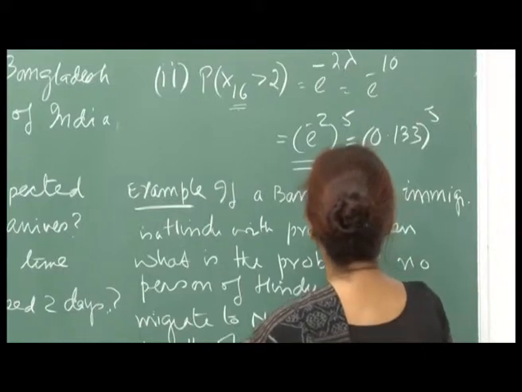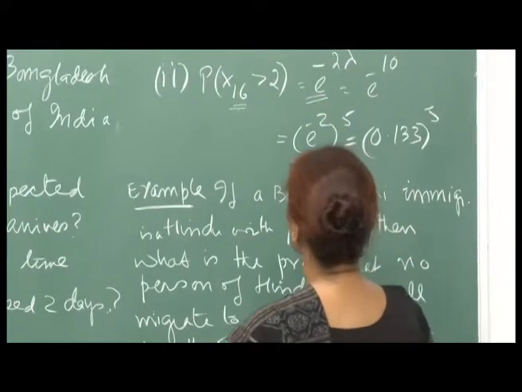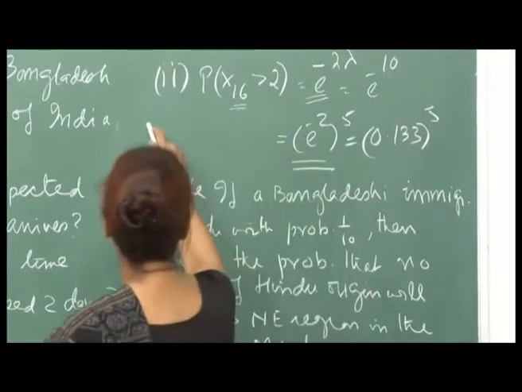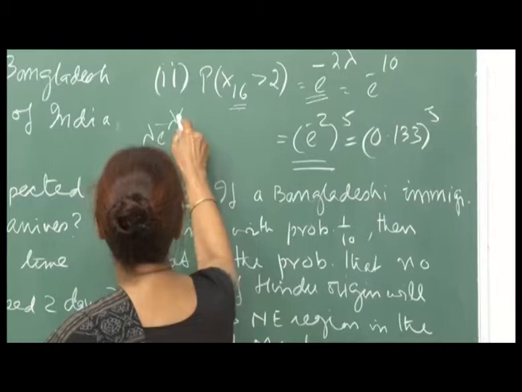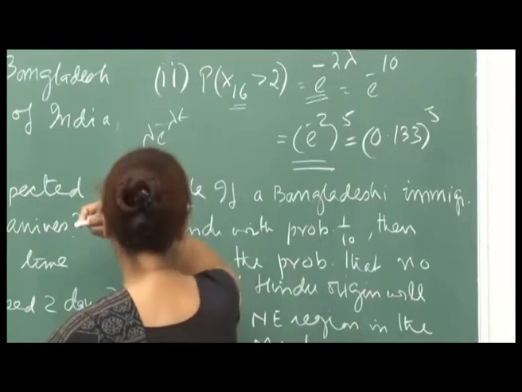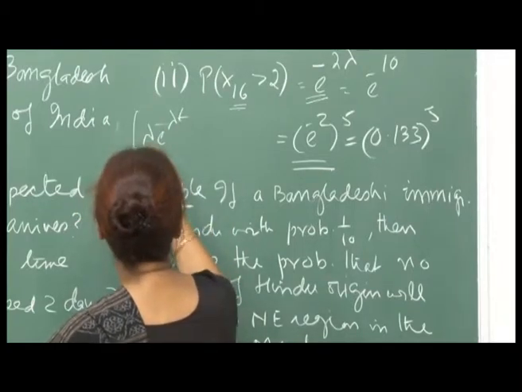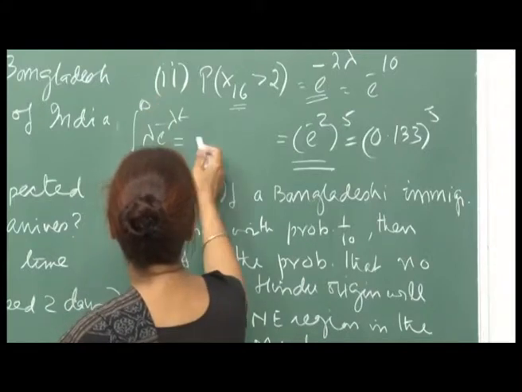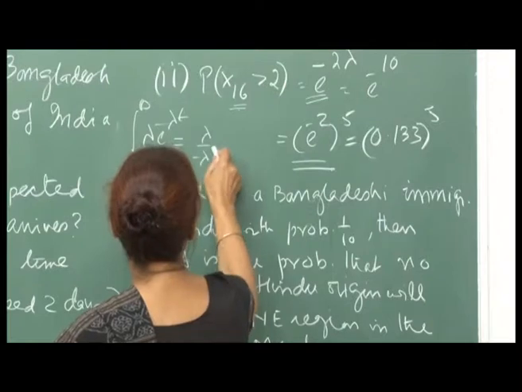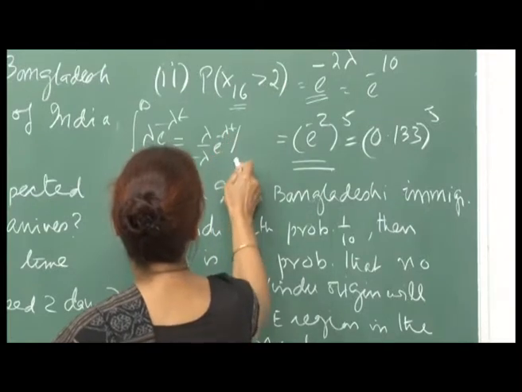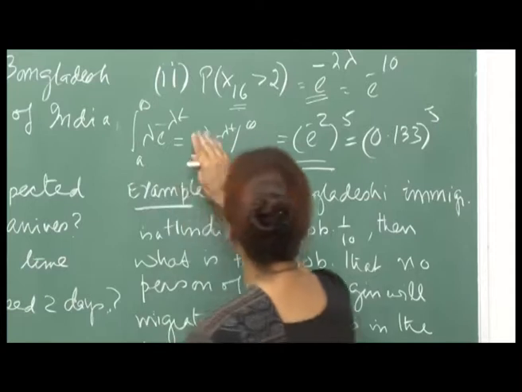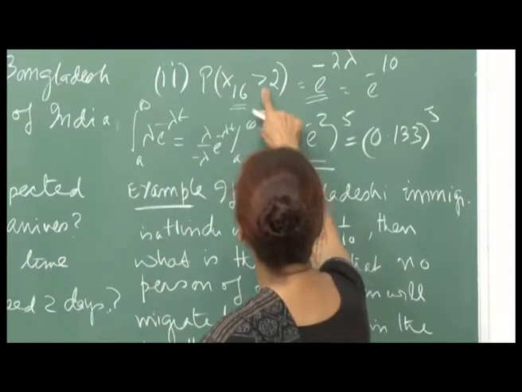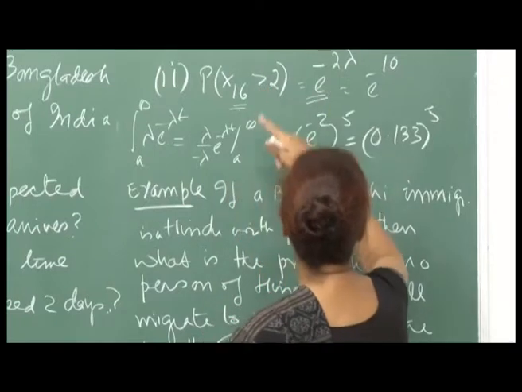Again this is from your exponential distribution, because when you have lambda e raised to minus lambda t, and you integrate from a to infinity, this is minus e raised to minus lambda t from a to infinity, and so this is e raised to minus a lambda.